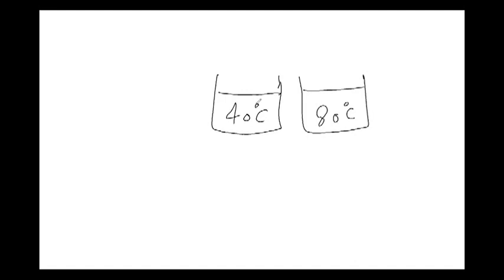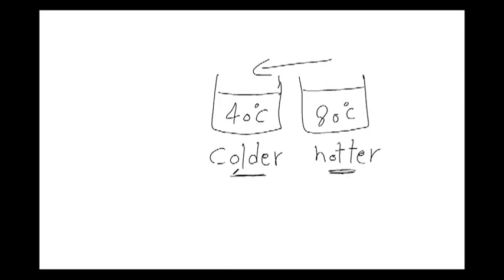So this one is hotter than this one, and this one is colder than this one. If you put these cups together, the heat energy will move from the higher temperature object to the lower temperature object. Heat transfers from higher temperature to the lower temperature.